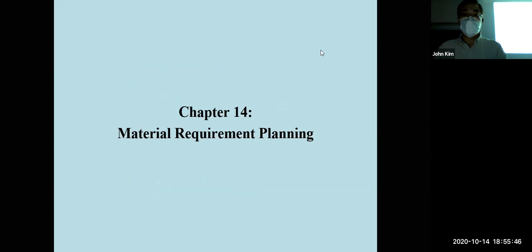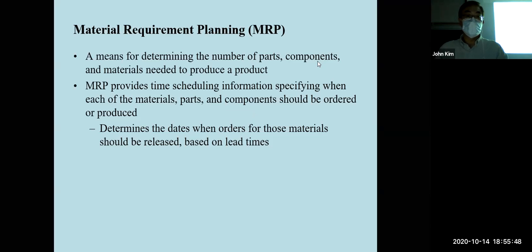The MRP system is meant for determining the number of parts, components, and materials needed to produce a product. So it is a planning tool, a planning system.